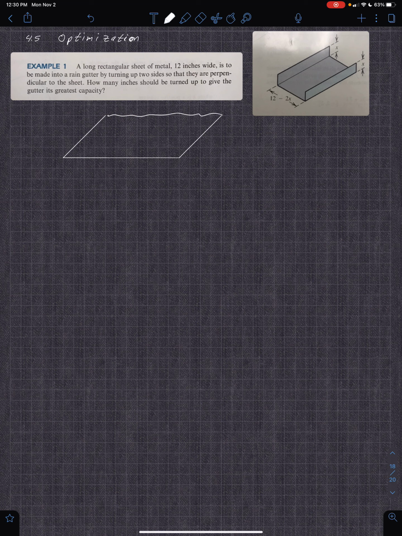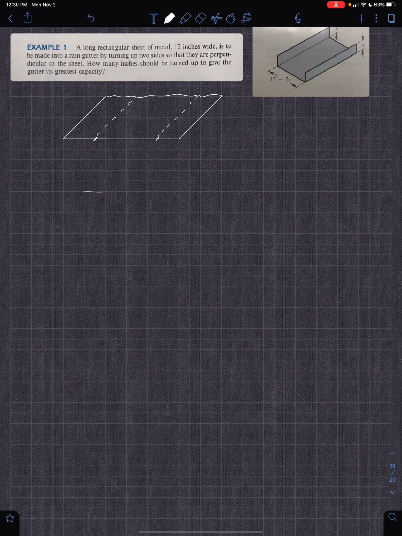You're going to take somewhere in here and here, and it's assumed to be equal, and bend it up right there. So when you do that, you get something that's going to look more like this. And so here's your rain gutter. It's going to look something like that, just close to that anyway.